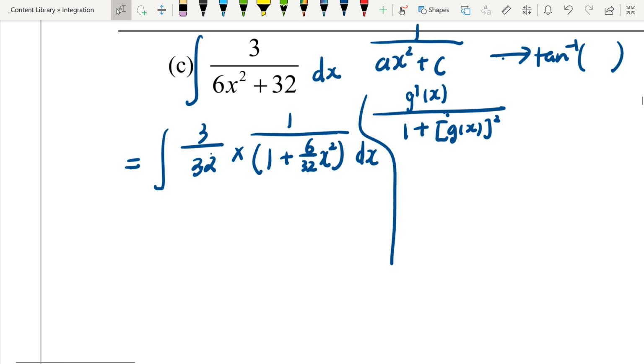Okay, so the first thing is take the 32 on the denominator as common factor to make the 1 out. So the constant, take the constant out, 32, and then you have 6 on 32. What's 6 on 32? That's 3 on 16. Okay, also I need the gx squared form.